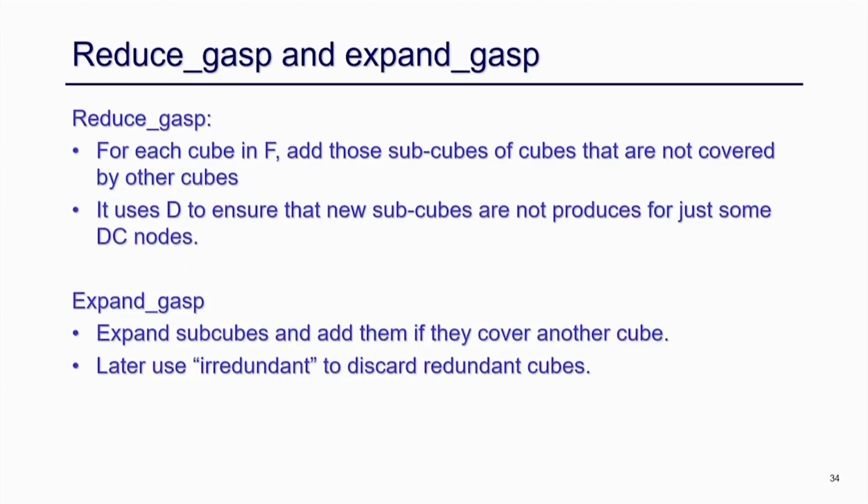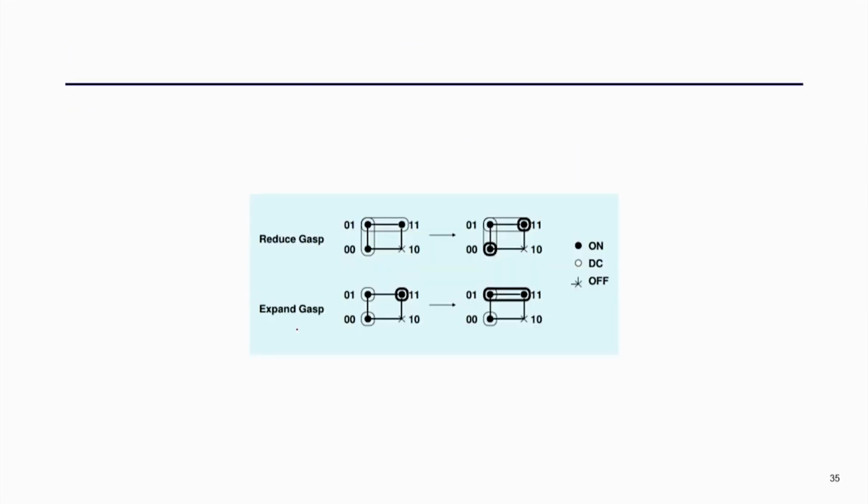So, what is this reduce gaps? It says that for each cube in F, add those subcubes of cubes that are not covered by some other cubes, right. For example, here, I have these 2 cubes, right. Now I will find the minterms which are covered only by this one, and for this one the minterms covered by only this, nobody else, right.